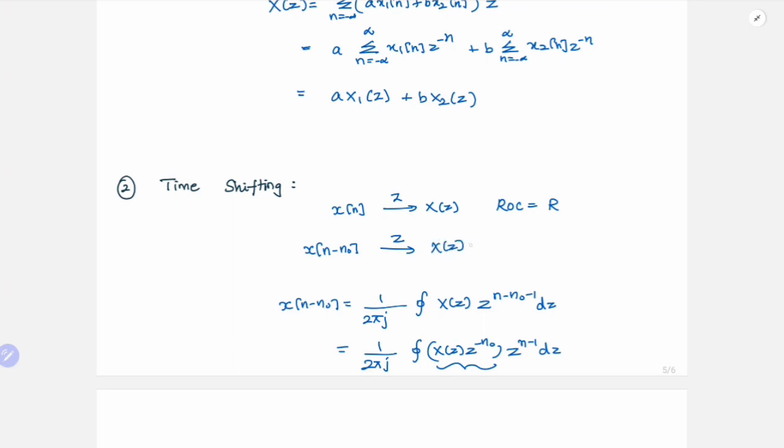So x of z into z power minus n naught. And your ROC will again be R, but it can also add or delete origin or infinity. So this you can reason out why, right? So if you just have delta of n, then your ROC is, this is 1 and your ROC is entire z plane.